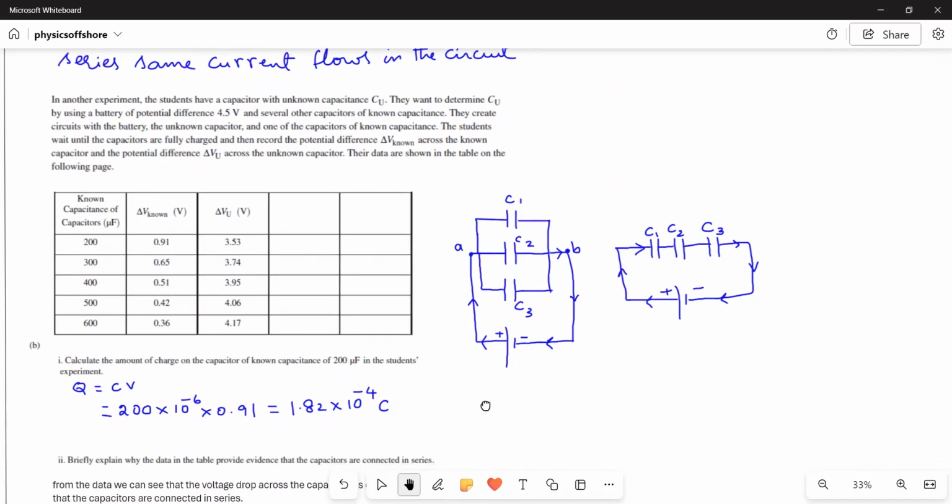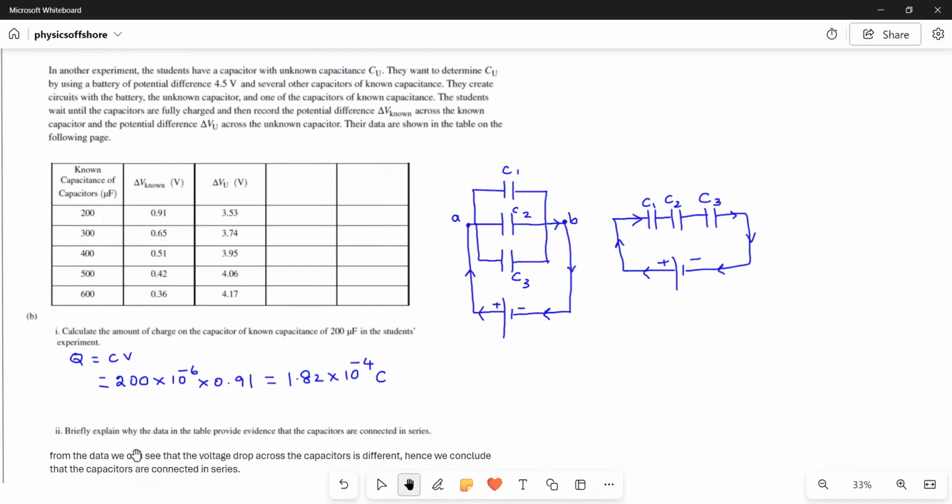Next question. Briefly explain why the data in the table provide evidence that the capacitors are connected in series. If you take the 200 microfarad capacitor, the voltage is 0.91, and the unknown capacitor voltage is 3.53.